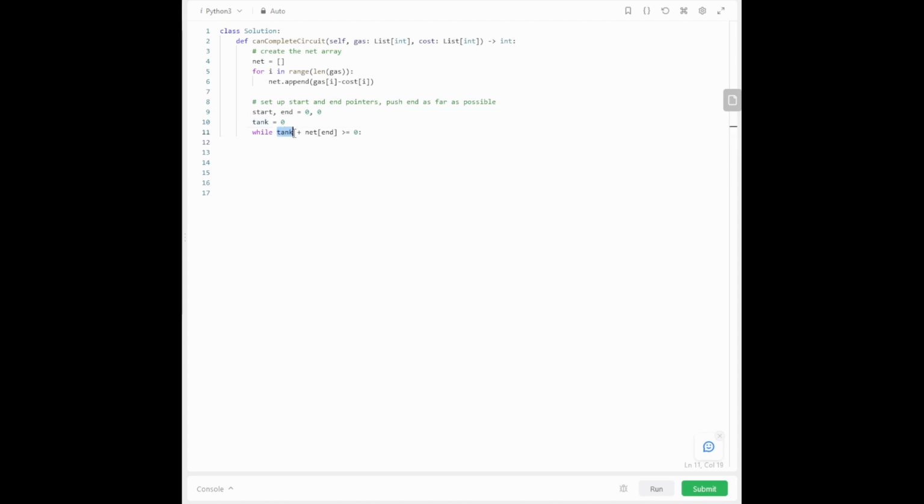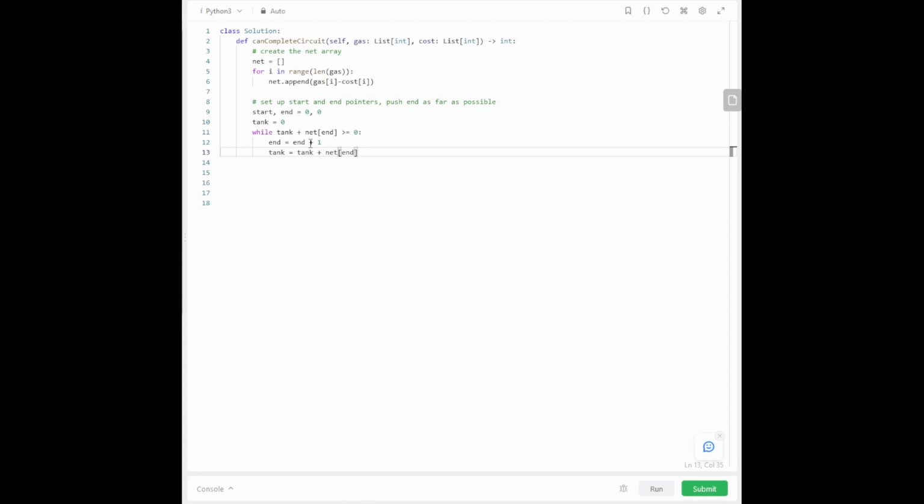It says while the gas we have in our tank already, when added with the amount of surplus or loss that we have at the current gas station where end is pointing to, as long as those two sum together don't put our tank at the negatives, then we're good to keep moving end forward by 1. So we say end equals end plus 1, and we say tank equals tank plus net end.